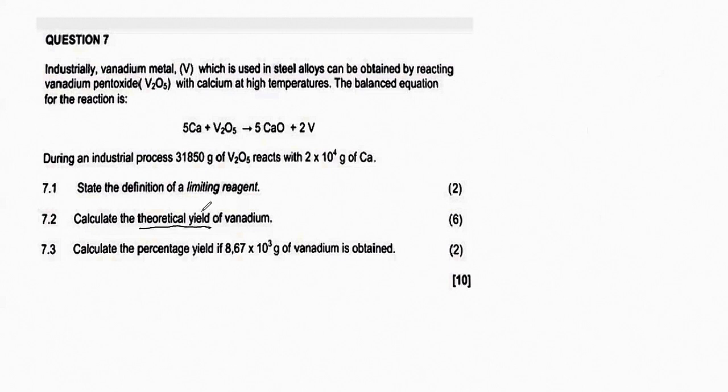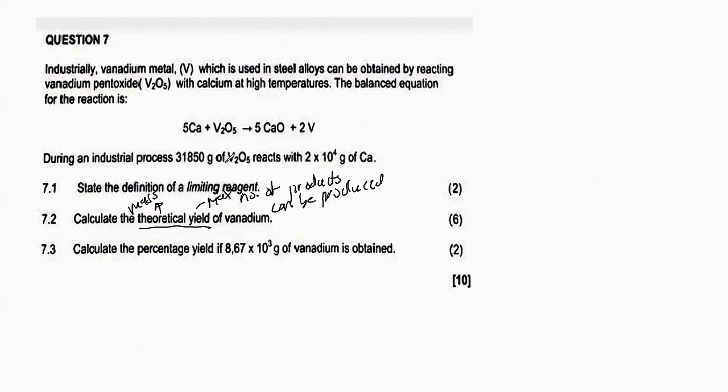So when we're speaking of the theoretical yield, we want the maximum number of a product or products that can be produced. So in this case, we are looking for the maximum number of the vanadium, right? Another thing that you have to note, the theoretical yield is calculated in terms of the mass, right?